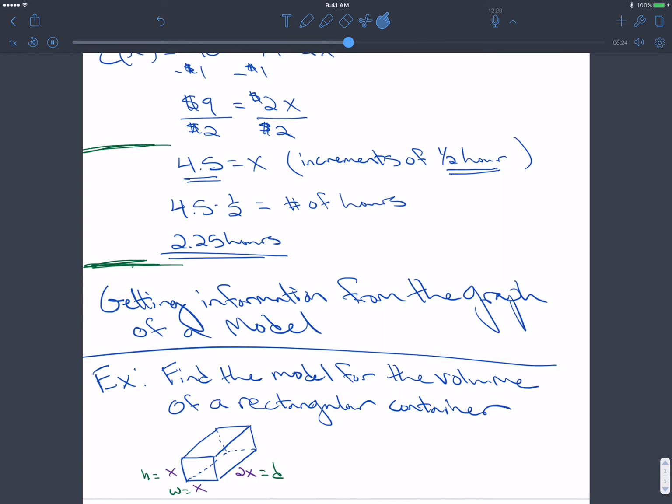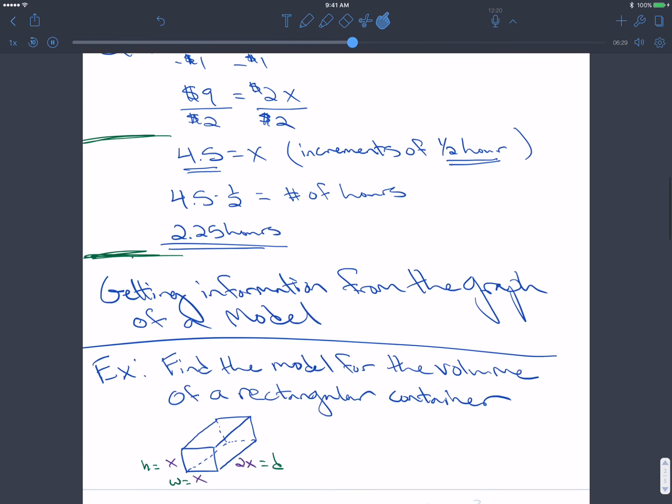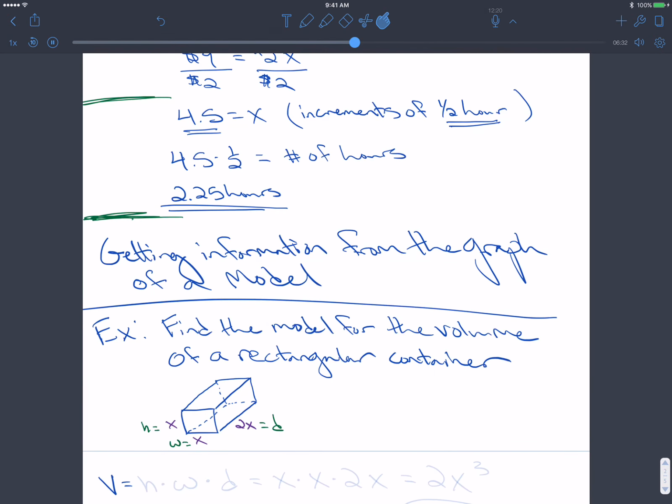So I've drawn the box for you, and then recall at some point you probably learned that the volume of a box is given by the height times the width times the depth, which in this case is going to be x times x times 2x, or 2x cubed.